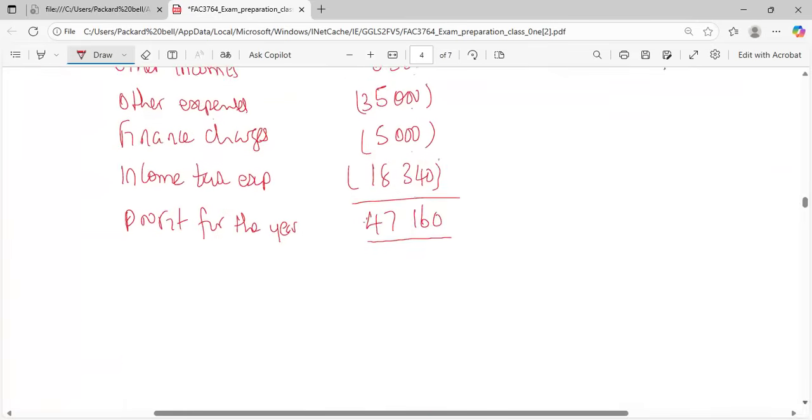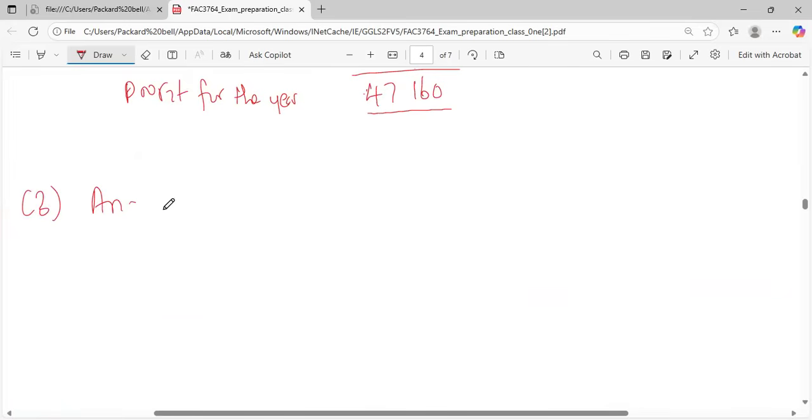So our C3 is going to be the analysis of owner's equity of Bear Limited.